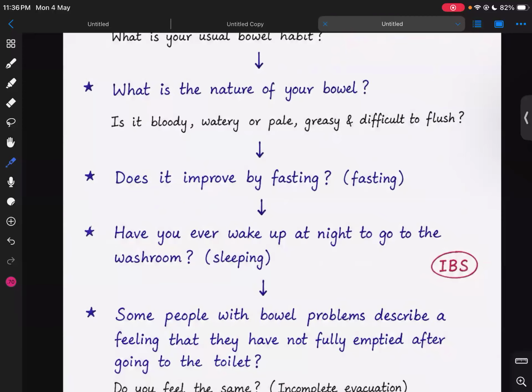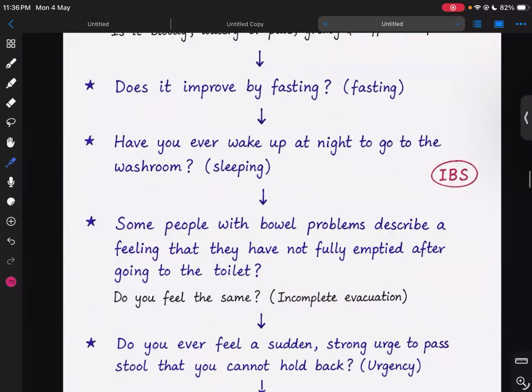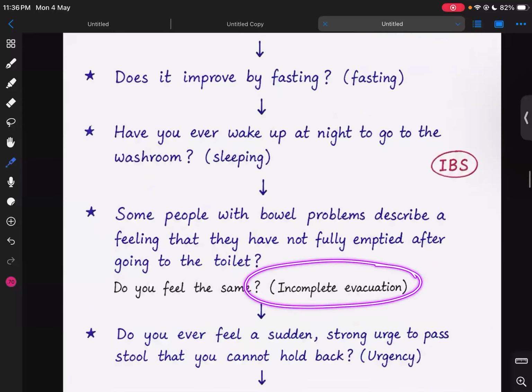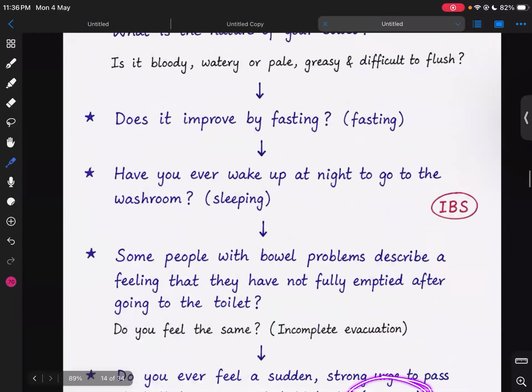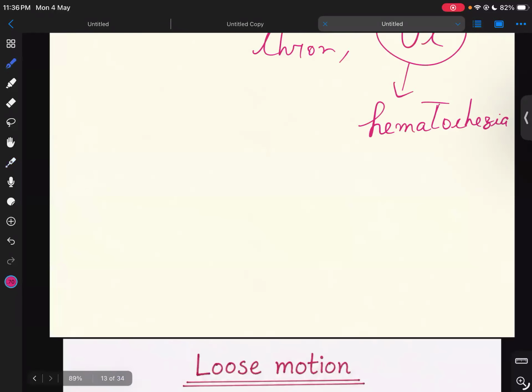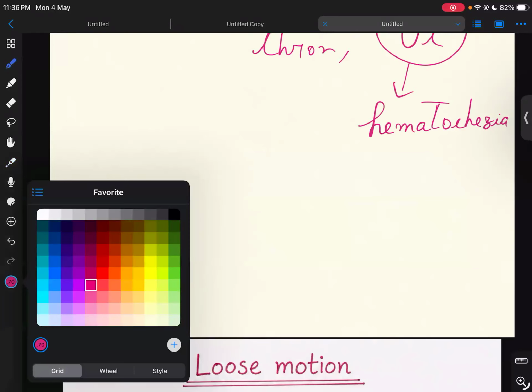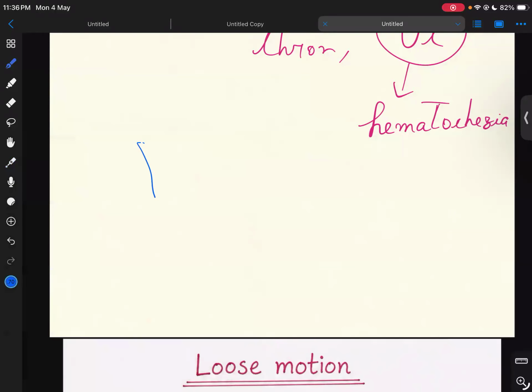The next question is incomplete evacuation and sense of urgency. Before that, I have to make you understand the pathophysiology of that. Let me draw a diagram. Suppose this is our rectum and this is the anal canal.